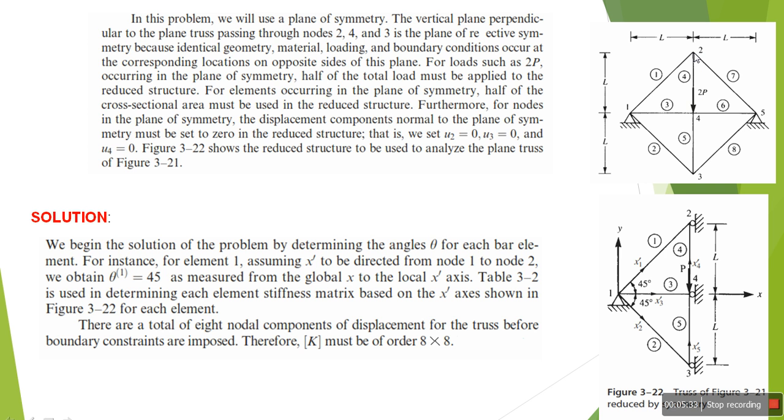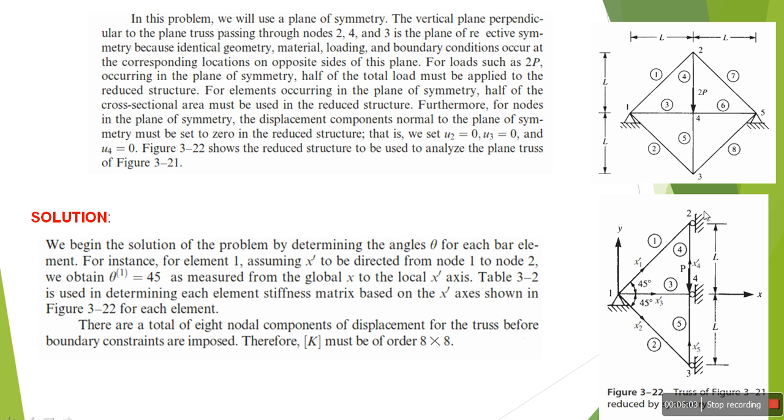The displacement components here and here and here, normal to the plane of the symmetry, that means in this direction, must be set to 0.